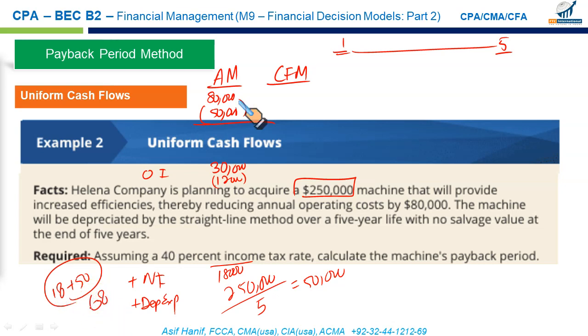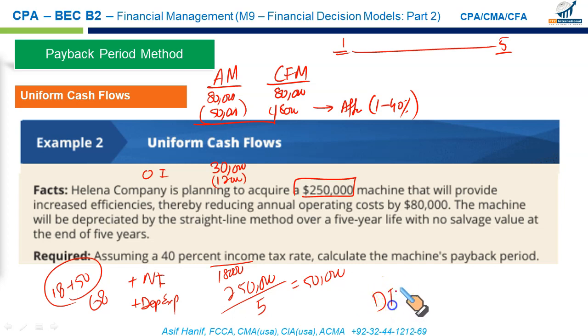Let's say you don't want to use the accounting method, you go for the cash flow method. In this case, simply take your annual cash savings and calculate it on an after-tax basis. After-tax basis, we need to multiply it by 1 minus the tax rate, just multiply it by 60%. 80,000 multiplied by 60% gives you 48,000, right? This is the after-tax cash flow. And to this, you simply add your depreciation tax shield.